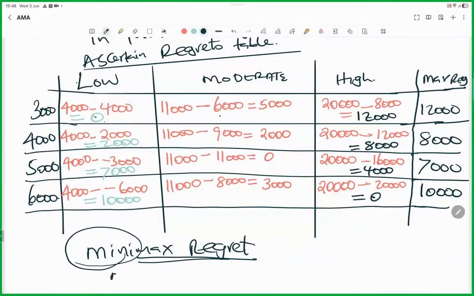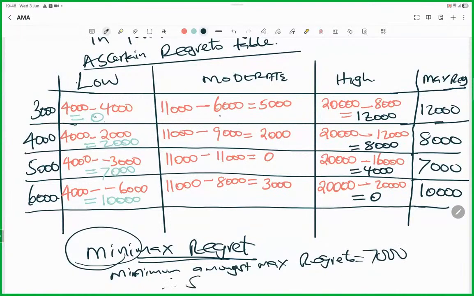The minimum among maximum regrets is 7,000, and therefore they should supply how many units? 5,000 units, like that.